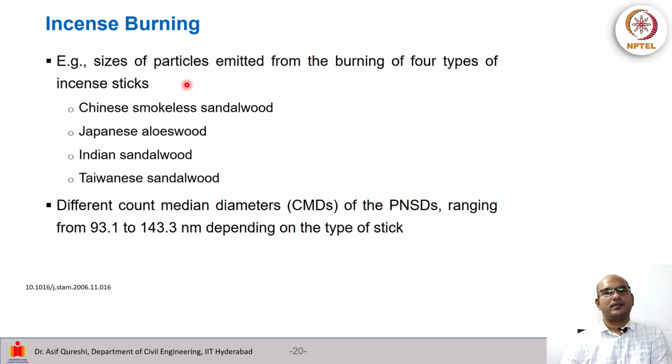In one study, the sizes of particles were analyzed from the burning of 4 types of incense sticks: Chinese smokeless sandalwood, Japanese aloes wood, Indian sandalwood, and Taiwanese sandalwood. For all these, different count median diameters of the particle number size distribution were observed, ranging from 93 to 143 nanometers, depending on which stick was analyzed.